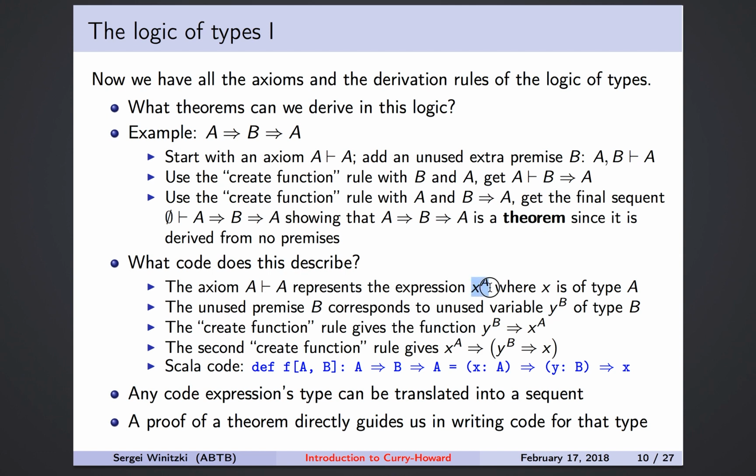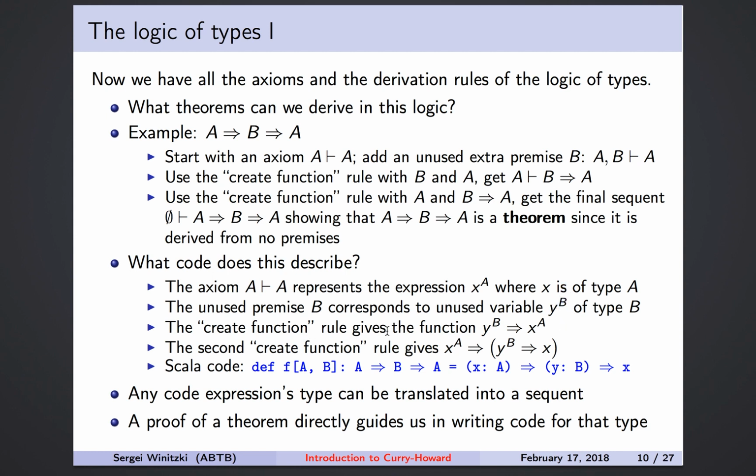This expression uses x, and so it is represented by this sequence. The unused premise B means that we have some variable y, let's say, of type B.